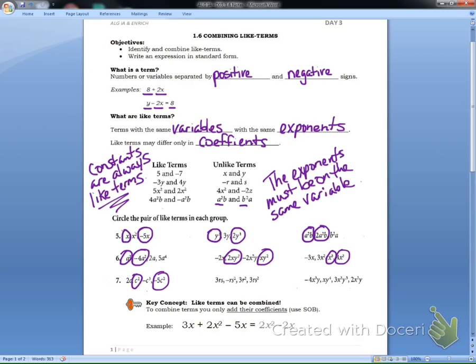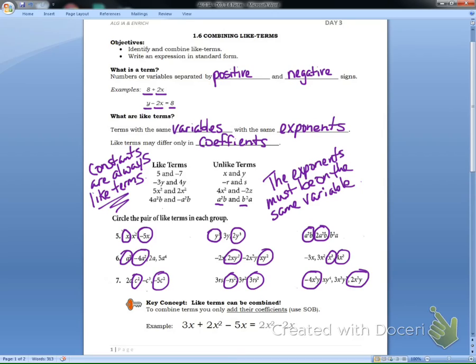In the next set, you should have circled negative rs to the second and 3rs to the second. And your last set, you should have circled negative 4x to the third y and the positive 2x to the third y.